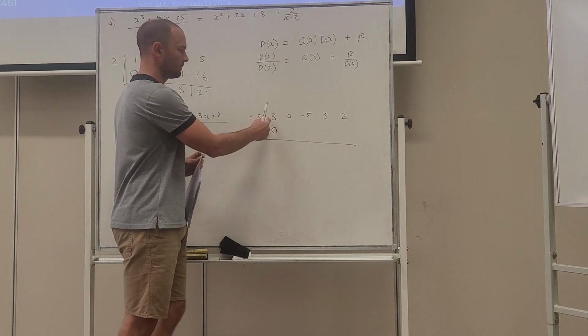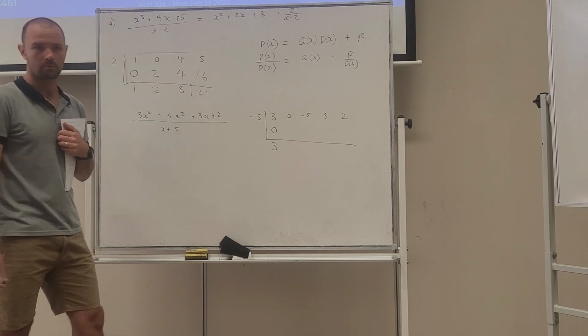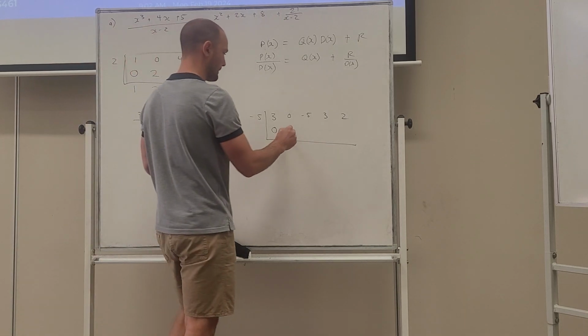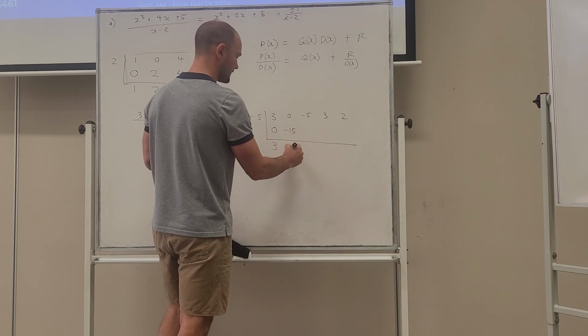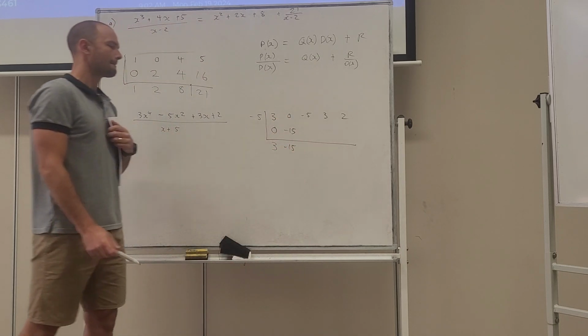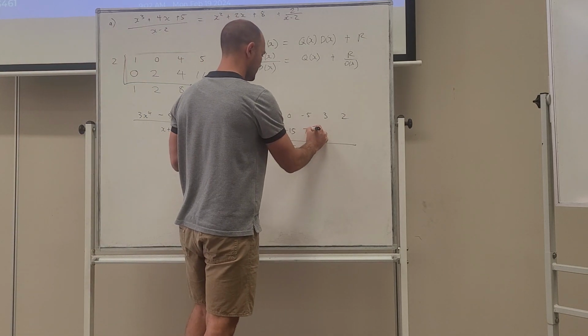3 plus 0 is 3. 3 times minus 5, minus 15. 0 plus minus 15 will be minus 15. Minus 15 times minus 5 will be positive 75.